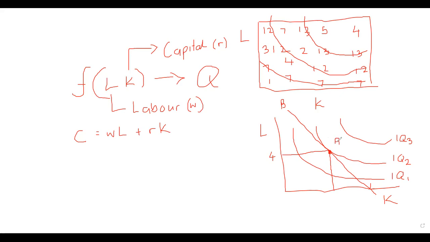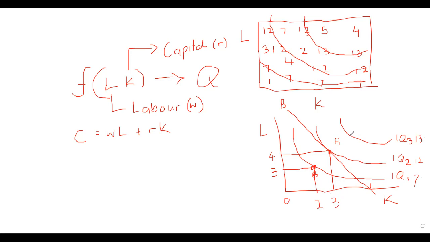So at point A, you're producing how many? This is 7, this is 12, this is 13. At A, you're producing 12 units with a combination of 4 laborers and 3 units of capital. At point B, you can produce 7 units of output with 3 units of labor and maybe 2 units of capital.